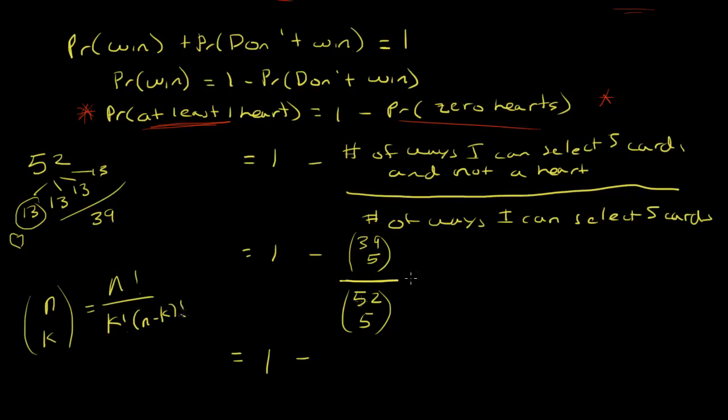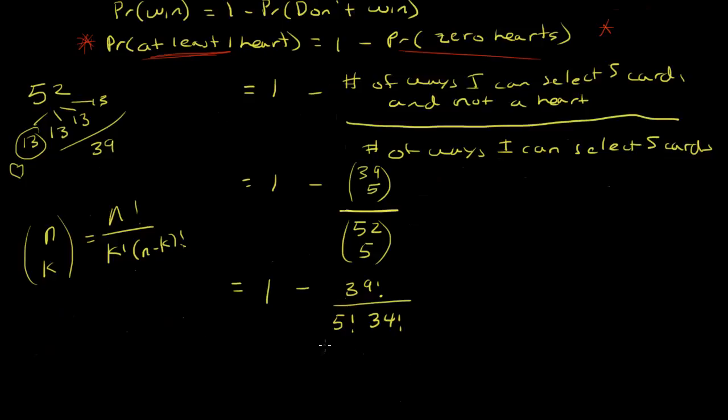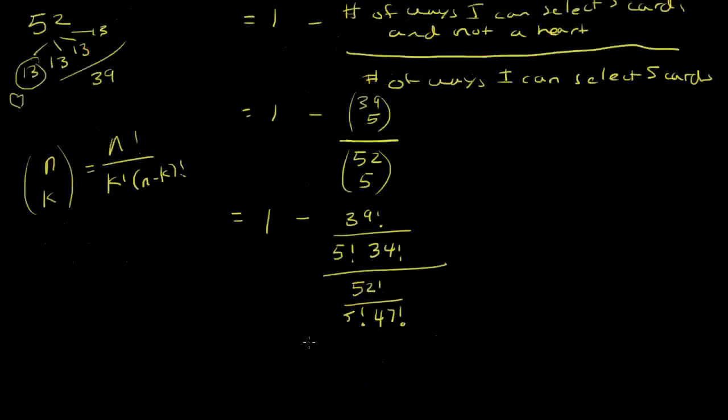So 39 factorial divided by 5 factorial times 39 minus 5, which is 34 factorial. Now I'm going to divide that by 52 factorial divided by 5 factorial times 52 minus 5, which would be 47 factorial. All right, so now I just need to simplify this mess.